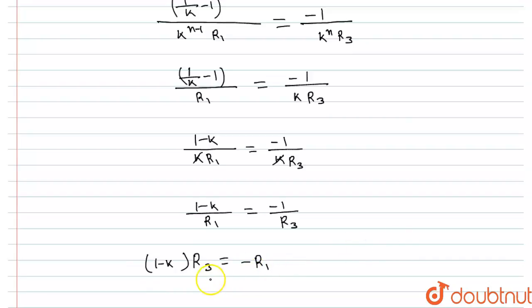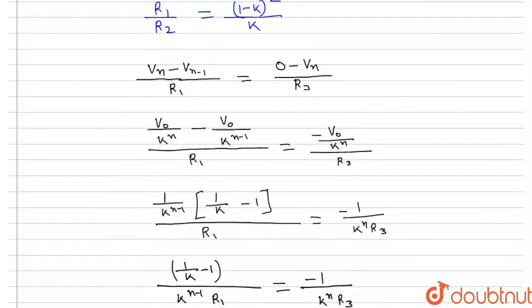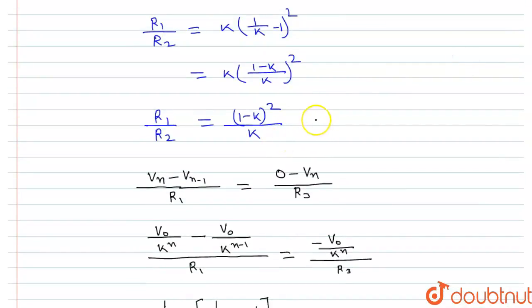Now we have to find the ratio in terms of R2 and R3. So from here we can see that R1, from this first relation, is equal to R2 into 1 minus k whole square divided by k. Clear.